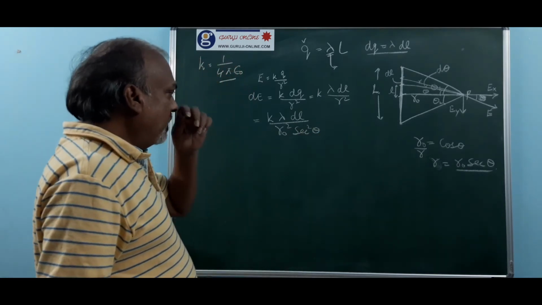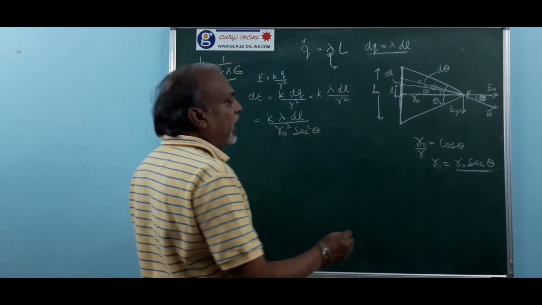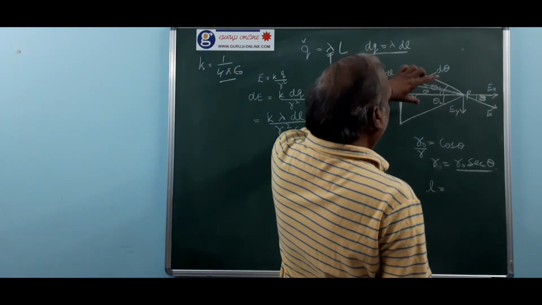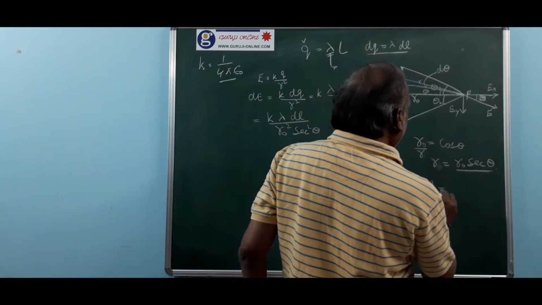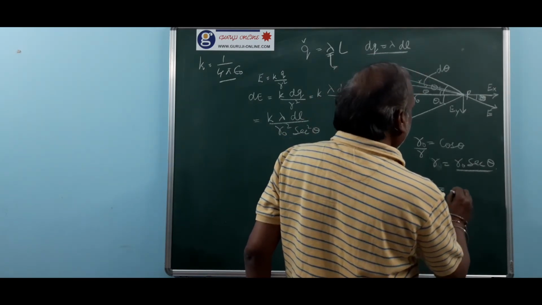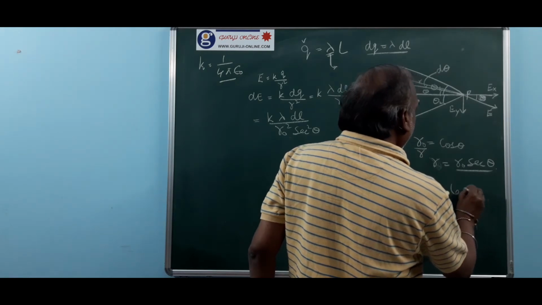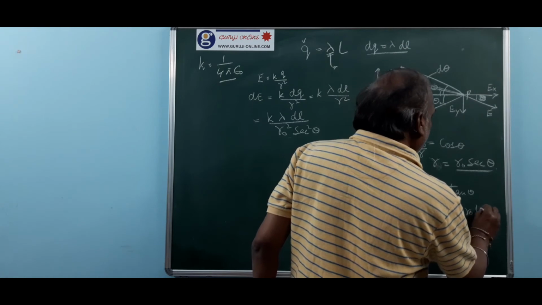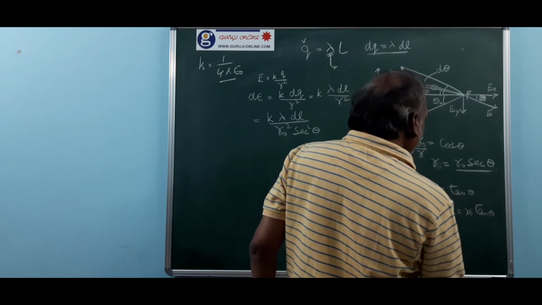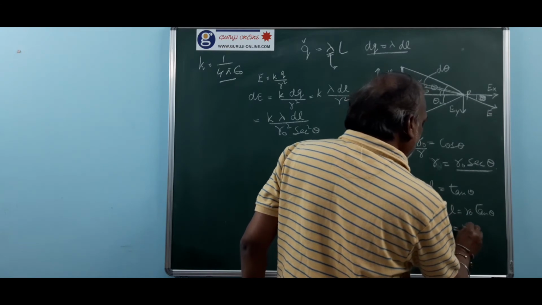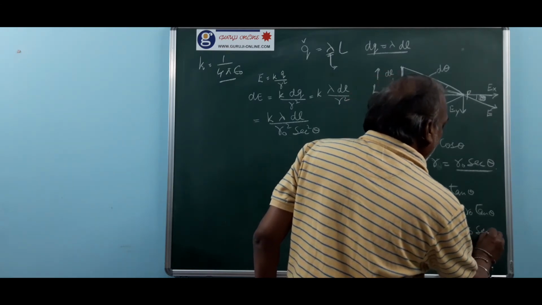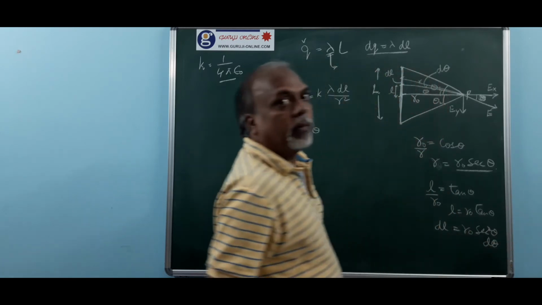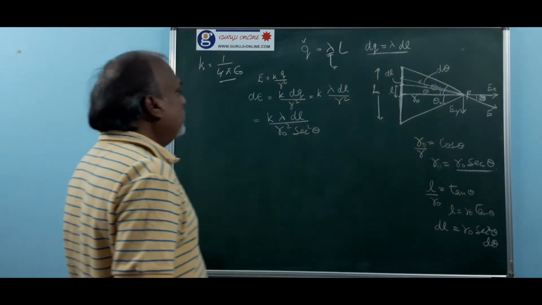Till now there is no problem. What is L? L divided by this R0 is nothing but tan theta, or L is equal to R0 tan theta, or we can write it as dl is equal to R0 sec square theta d theta. Till now there is no problem.